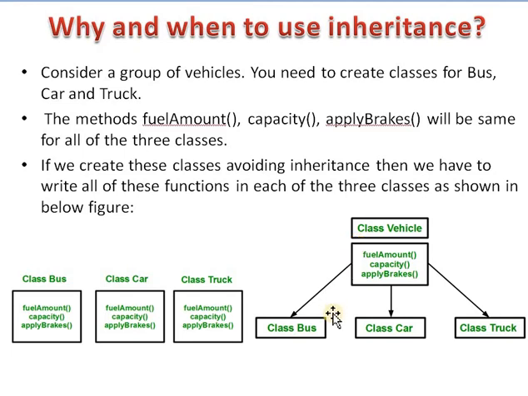Look at this figure in which the three classes are inherited from the vehicle class. Using inheritance, we have to write the functions only one time instead of three times, as we have inherited the rest of the three classes from the base class, that is vehicle.